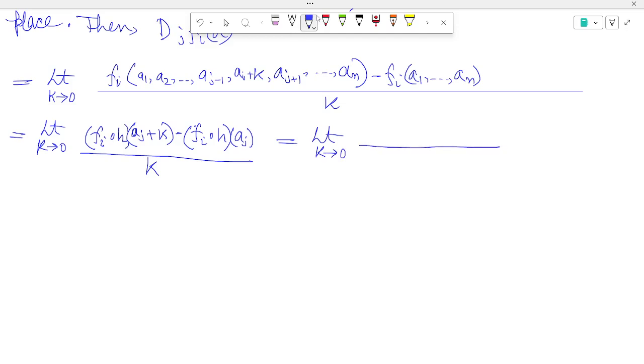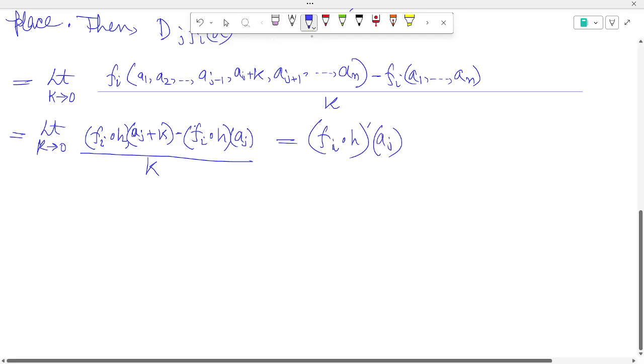So it is a single variable function in composite. So this is nothing but, okay, I don't need to even write. It is f composed h dashed at a_j. That is the definition.